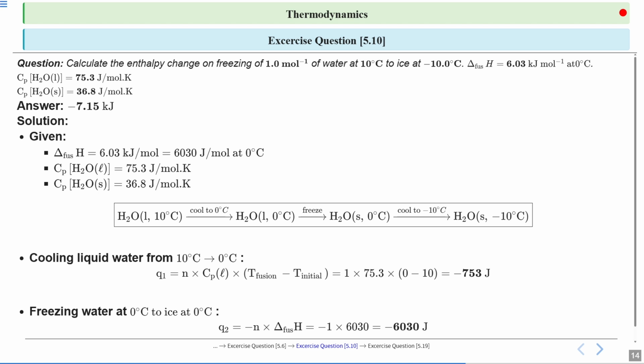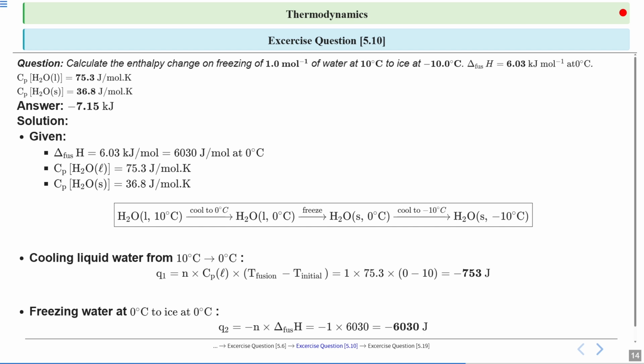Now your question arises, do we have to consider the mole? Yes, we have to, but the value is already given for 1 mole, and we have to calculate it for 1 mole, so we don't need to convert it. We multiply it with 1, and that gives the same result, which is 6030 joule. Is it clear till this part?